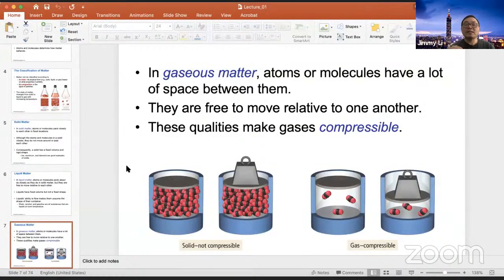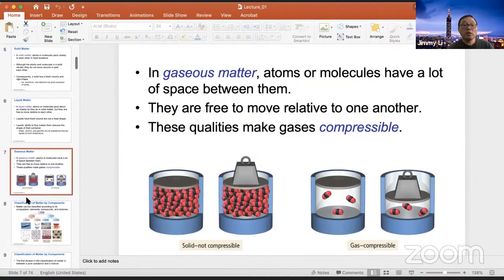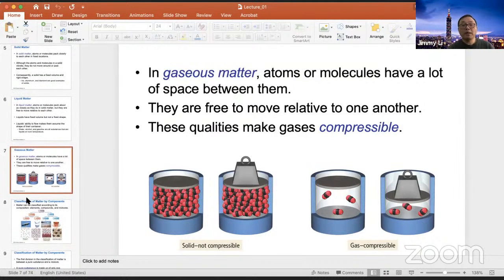Gases have the most freedom, and they're free to move. For gases, we assume the entire container is the volume of the gas, because the gas is all over the place here.